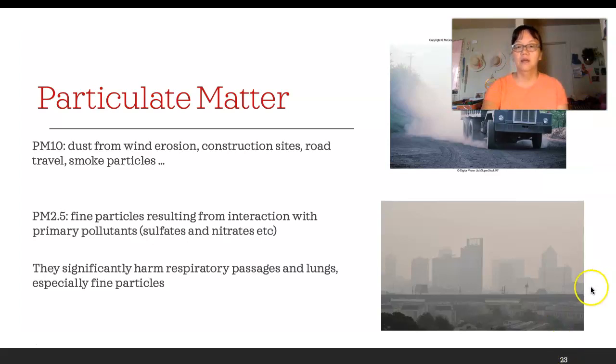So it makes the air look like the picture at the bottom on the right side, and the PM10 come from dust, and the PM 2.5 are the secondary pollutants. Mostly they are secondary pollutants resulting from interaction with primary pollutants, and they significantly harm respiratory passages and the lungs, especially the fine particles.